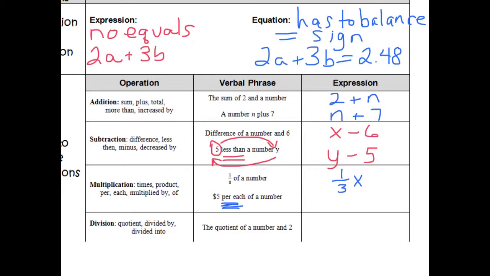And the sooner you learn that per means multiplication, if you can get those two connected in your mind, then it makes it very simple. 5 per each number means 5 multiplied times the number. And then finally division. We got the quotient, which means division, of a number and 2.